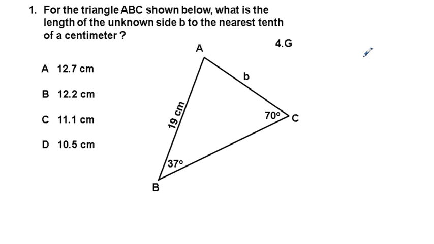The ratio we are given is the side of 19 centimeters opposite the angle of 70 degrees. Using this ratio, we're trying to find side B over the sine of our other known angle, which is 37 degrees.